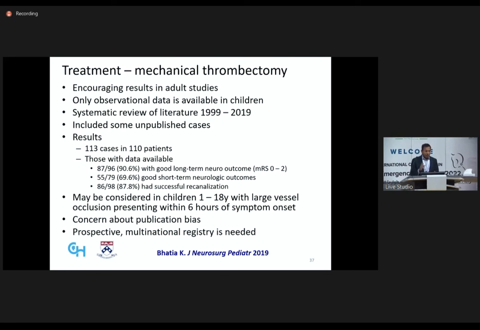If you have a really big clot obstructing a major blood vessel, I'm not a neurologist so I don't know much about it, but a large vessel, maybe the anterior cerebral or middle cerebral, and you can reach it with your devices, balloon, etc., then you can remove the thrombus.